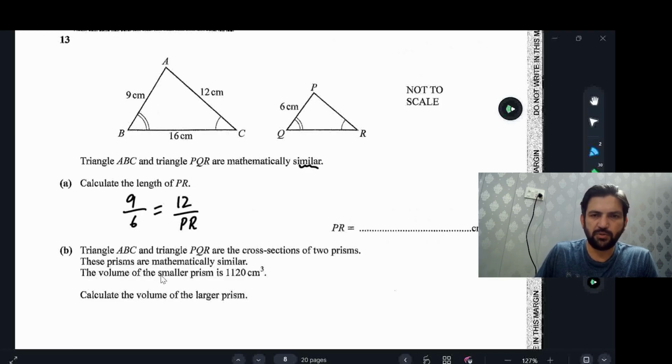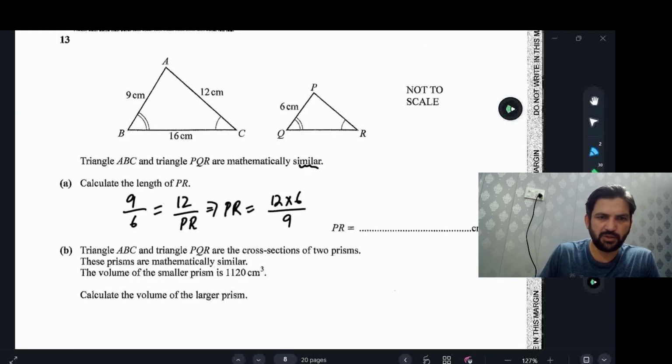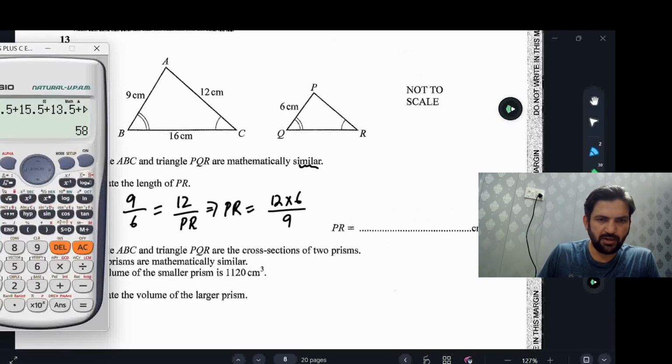If we rearrange it, PR will be equal to 12 multiplied by 6 divided by 9. Let's use the calculator. So 12 multiplied by 6 divided by 9 will be 8. So 8 will be the final answer.